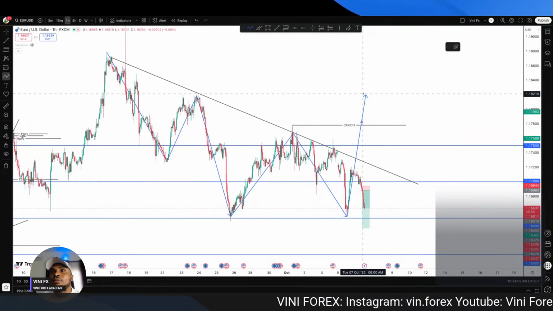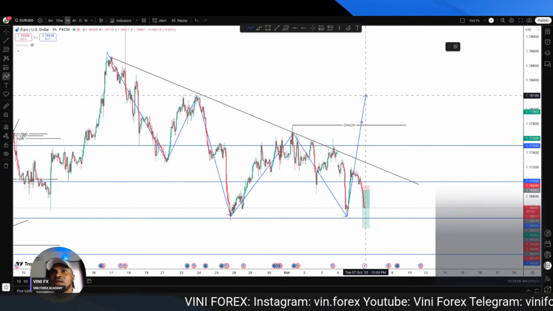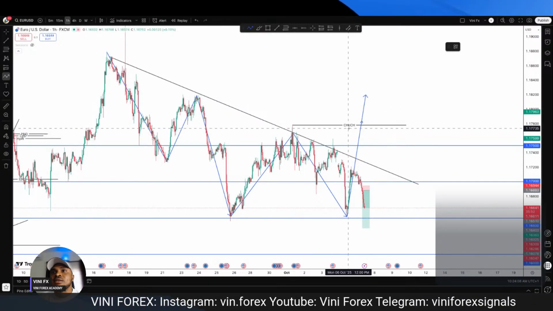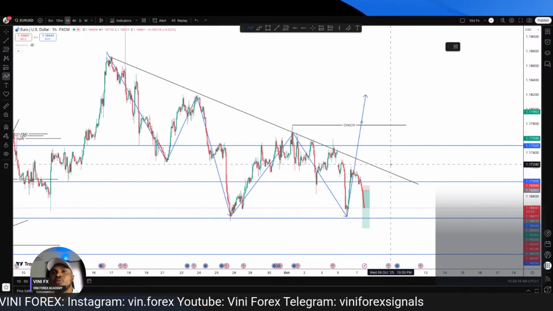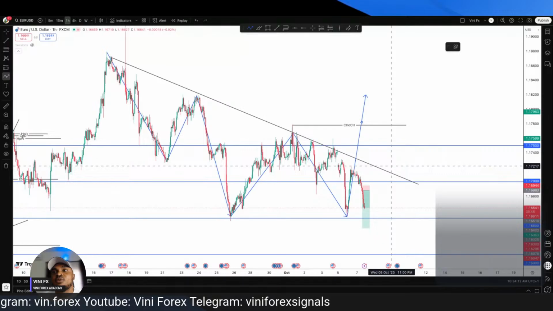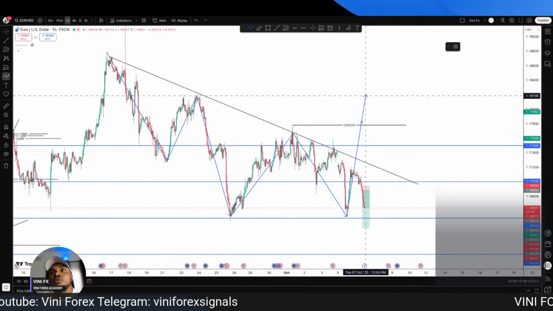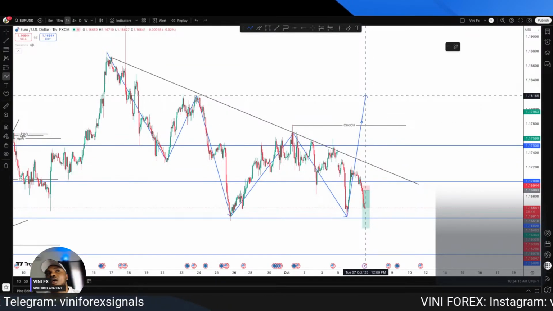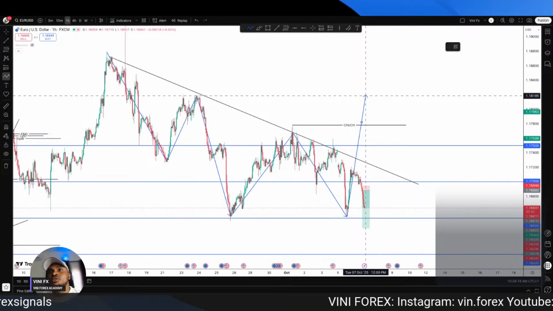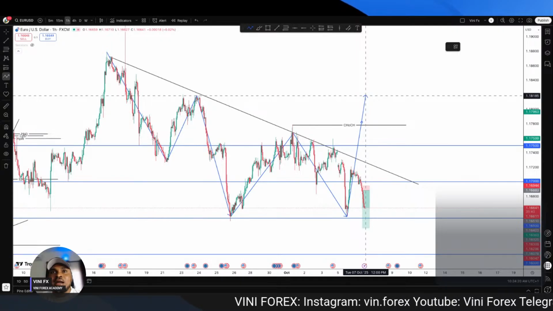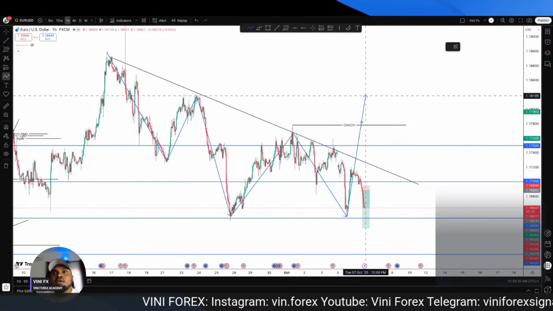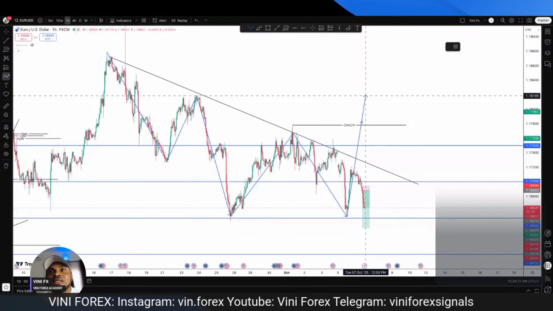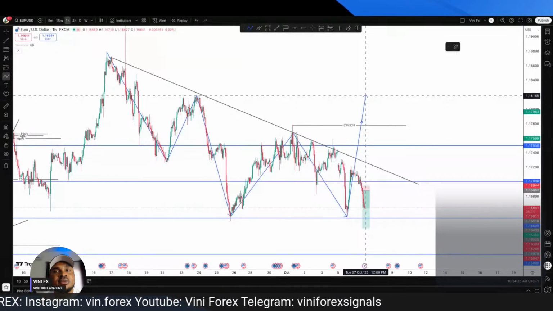So if this happens, first of all, you have confirmed that a change of character has occurred, which means that the market wants to change trend from selling to buying. But you cannot just join the buys instantly. Why? Because you are not sure yet if that is a manipulation.